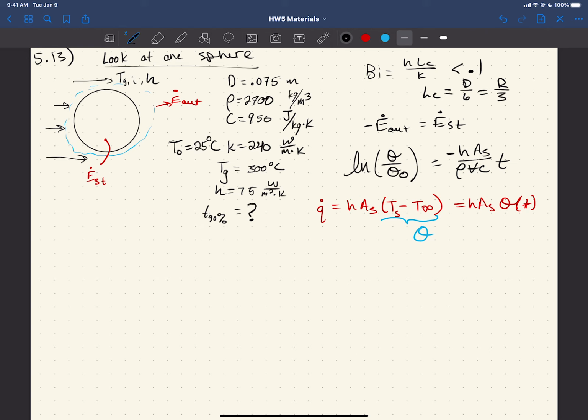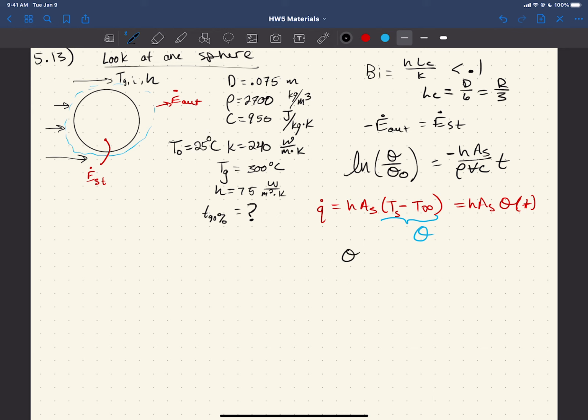If a log of x equals y, the base of this is e, right? So that's saying e to the y equals x, right? If you remember that.